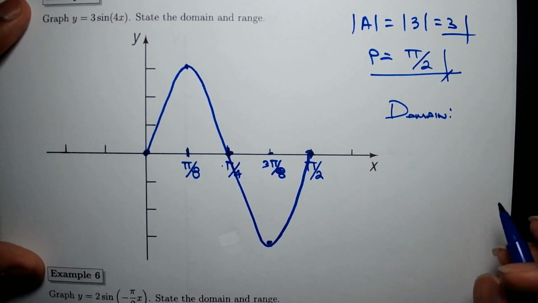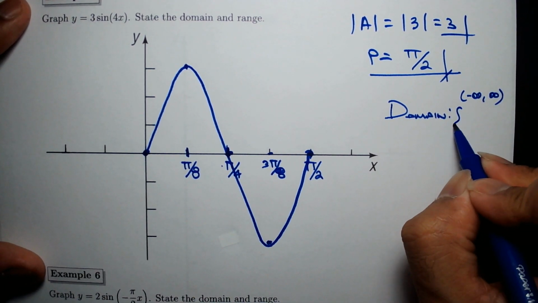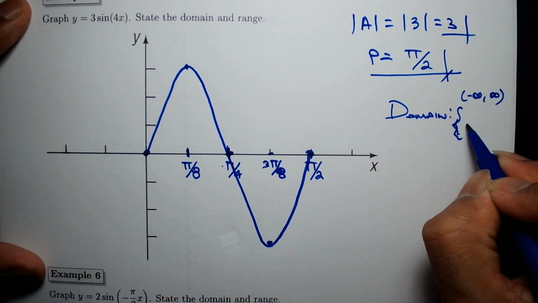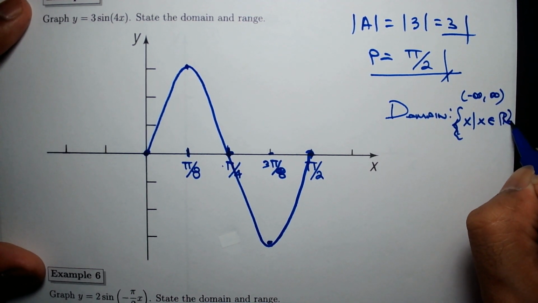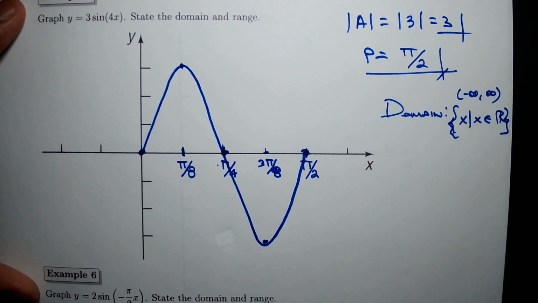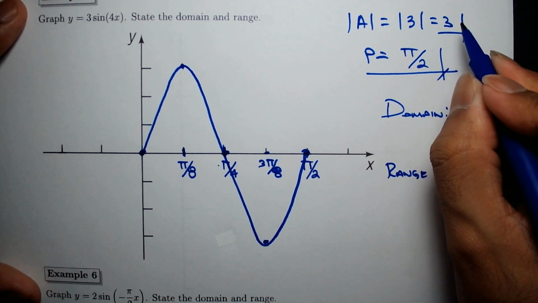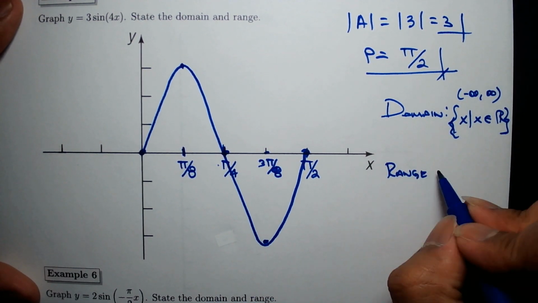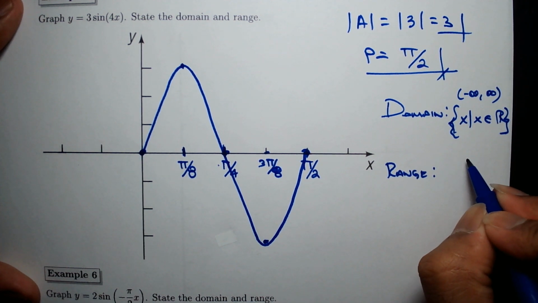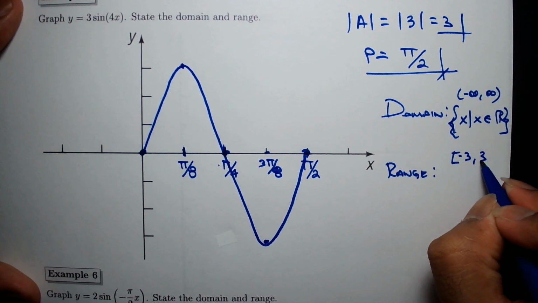There are two ways to express the domain: negative infinity to positive infinity, or the fancy set notation, x belongs to all real numbers. That's the other way. And for the range, because the amplitude pretty much dictates the range, in this case it is closed, -3 to 3.